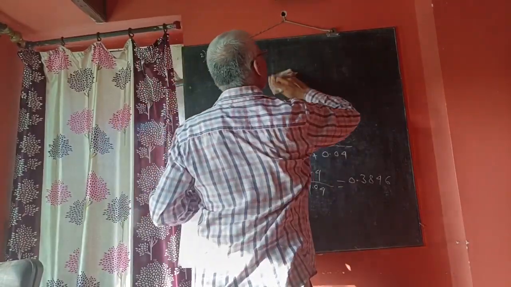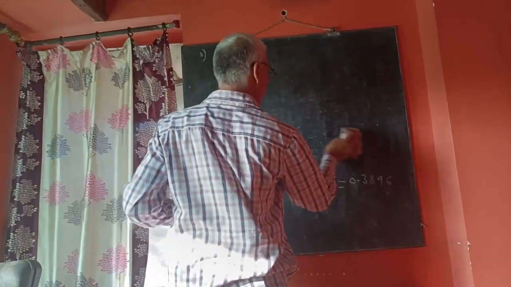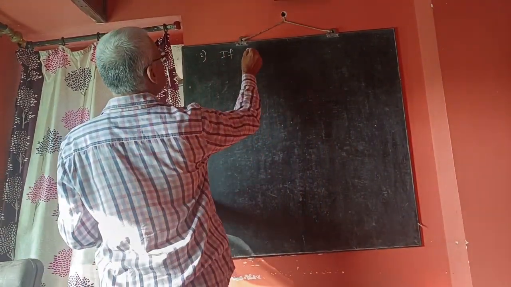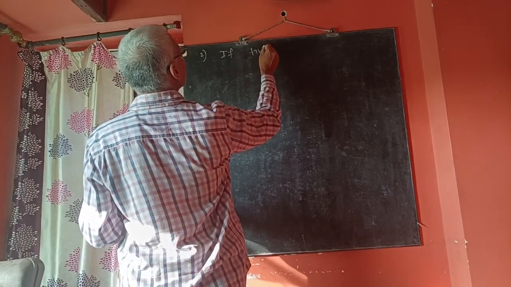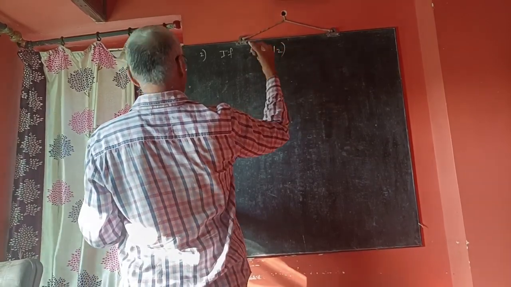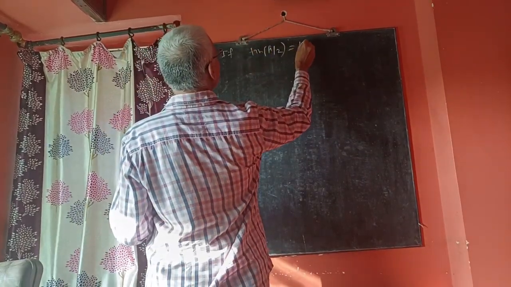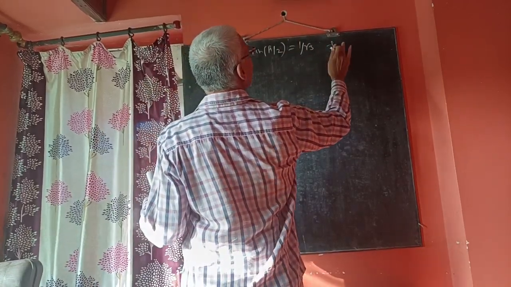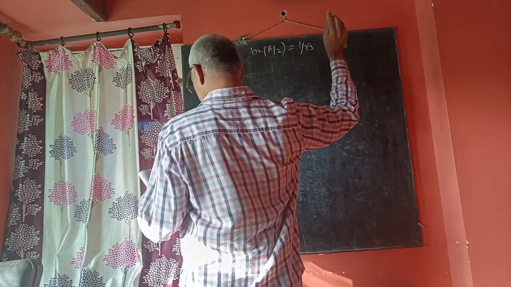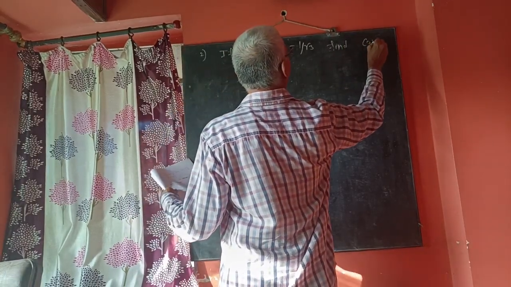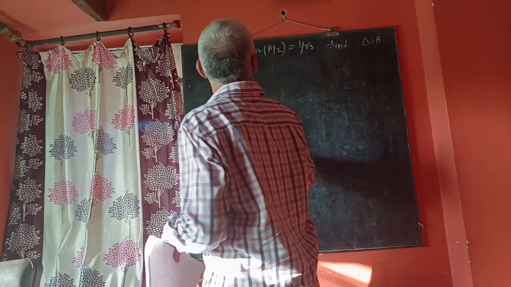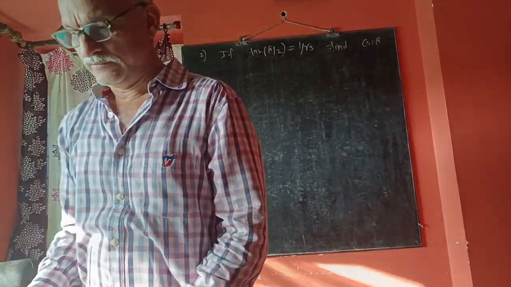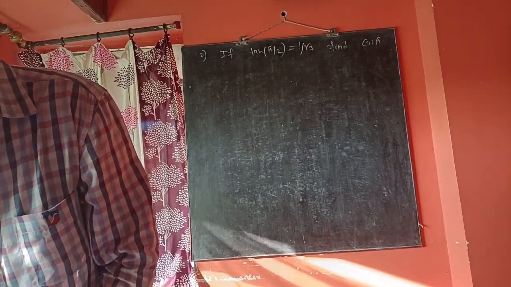If tan A by 2 is equal to 1 upon root 3, find cos A. The value of tan A by 2 is given as 1 by root 3. You have to find cos A.